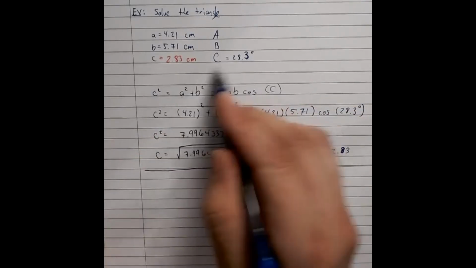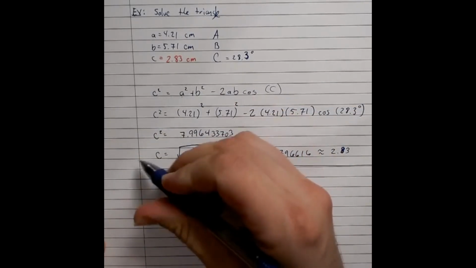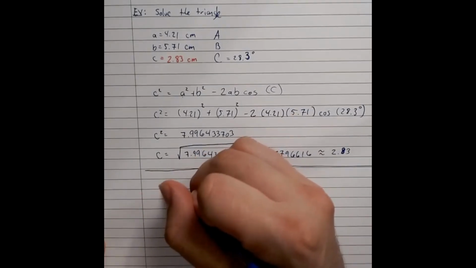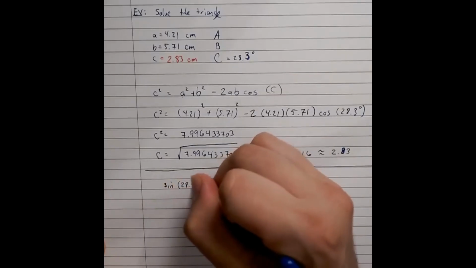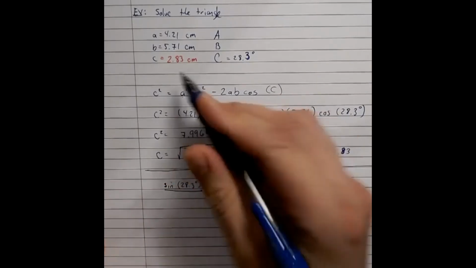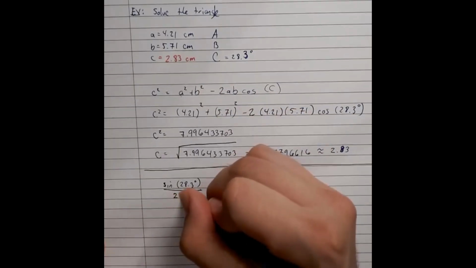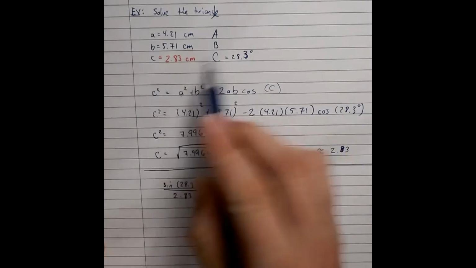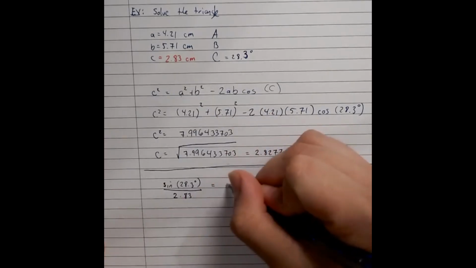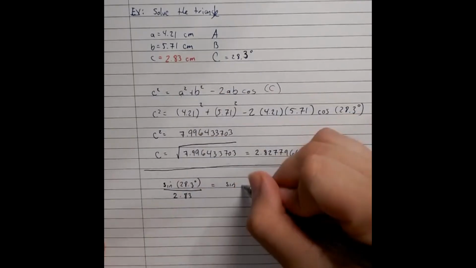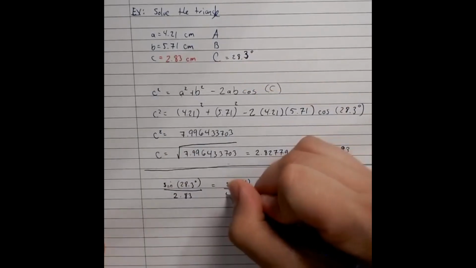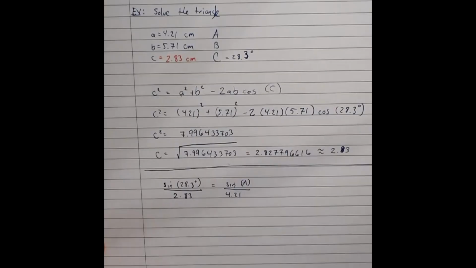Okay, so now let's set up the law of sines. In the previous section, we saw that if we take the sine of that angle, 28.3 degrees, divided by the side length opposite of it, 2.83 centimeters, that's going to equal the sine of, and here I'll just pick one, I'll say sine of A over the side length little a, 4.21.